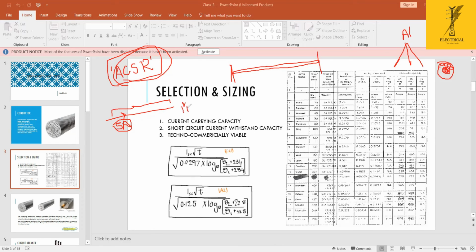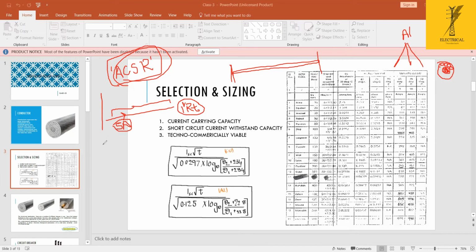You know the formula: I square RT, heat losses. This heat will raise the conductor temperature above the ambient outside temperature.